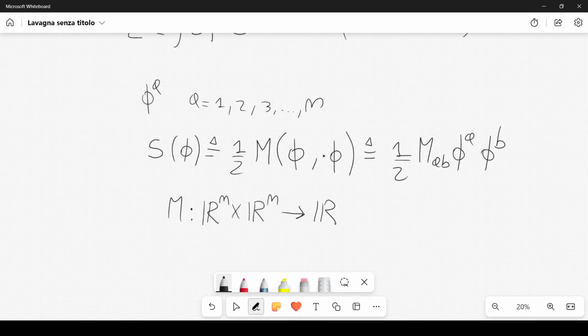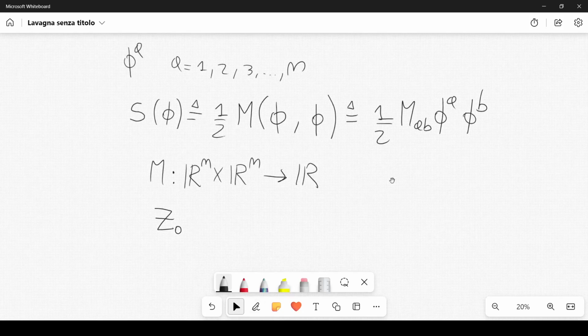Now the partition function, in this case of a free theory, so we have a free zero-dimensional QFT. We write the partition function Z with the subscript 0 to denote the fact that we have a free theory. We will have to integrate over R^n.